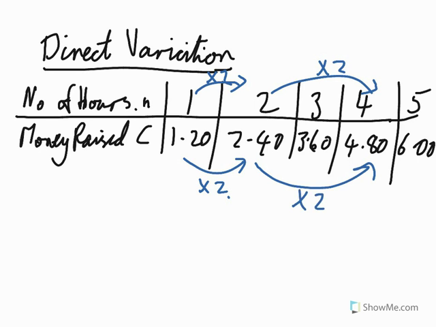And if we go from here to here, that's timesing by 3. Here to here, that's timesing by 3 also. So this is an example of direct variation.